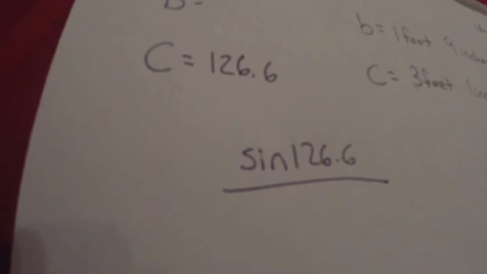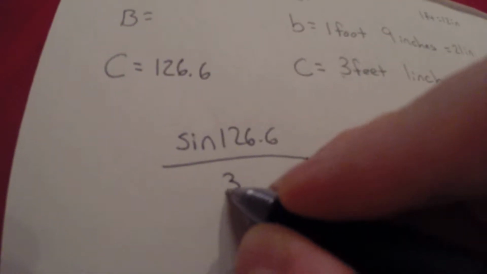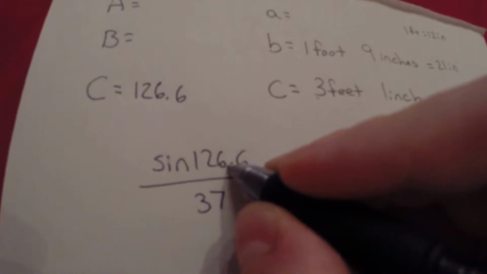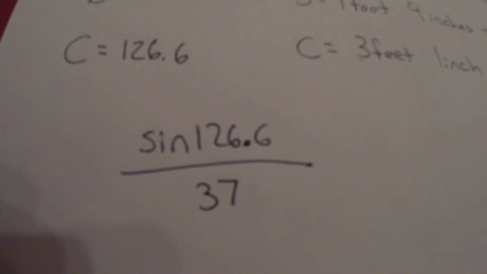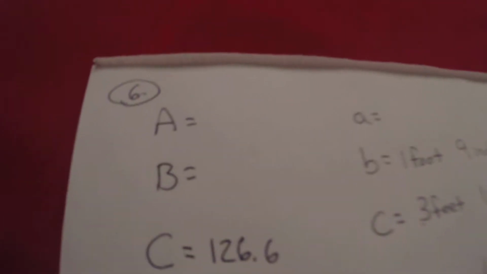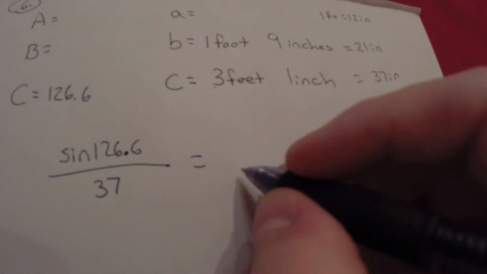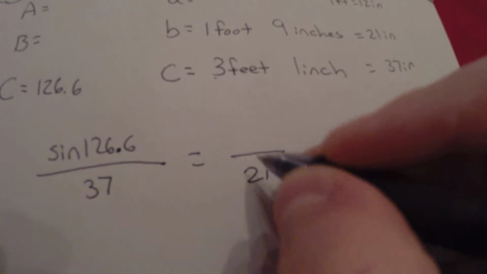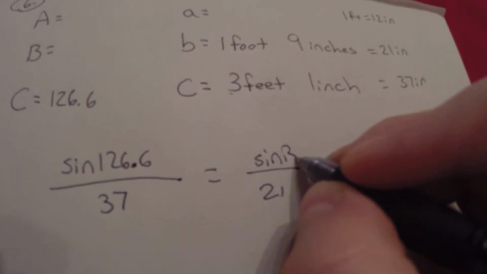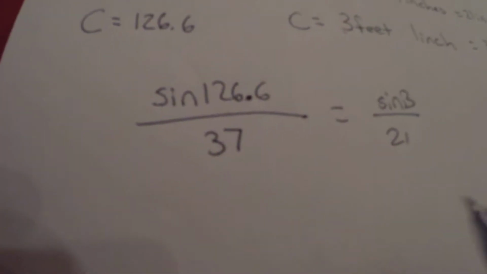Okay, so now going back to the law of sines, it's sine 126.6 over 37. All right, cool. Then that is going to equal whatever I can calculate. I know that's 21 inches, so I can put 21 on the bottom and on top sine B, because I'm looking for the angle B. So cross multiply and divide.